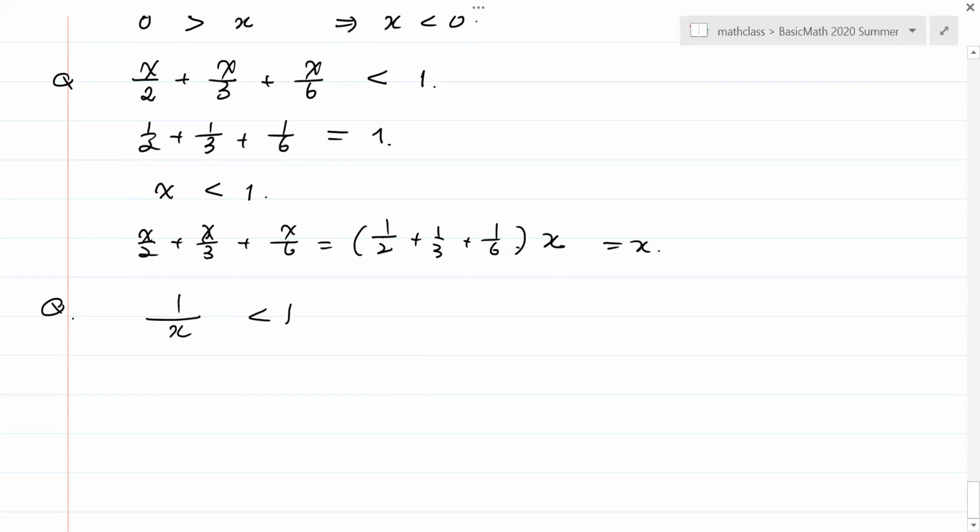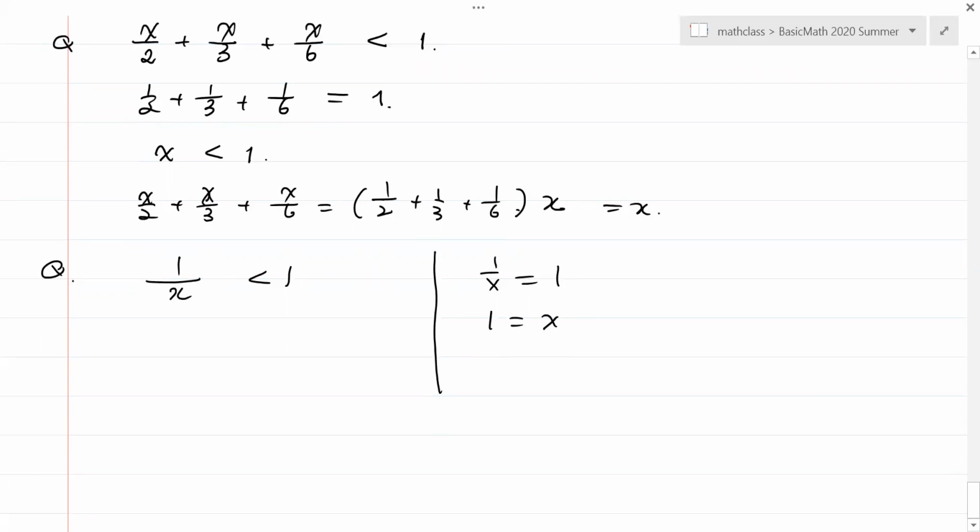If we were solving this equation, that's easy, right? The only solution you can get is x equals 1. You multiply both sides by x, then x is going to be 1.